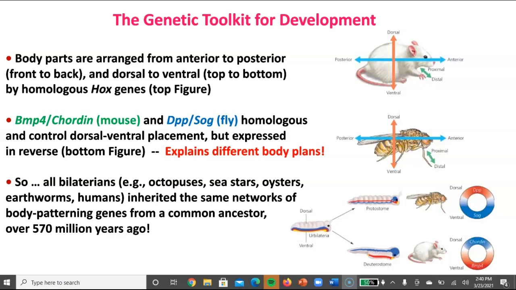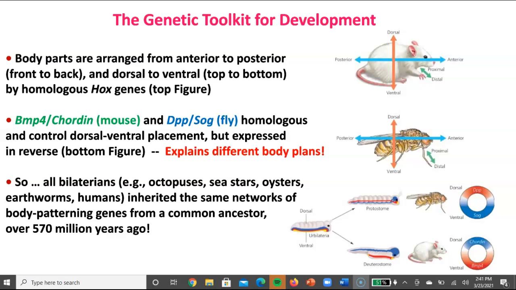And our body parts are also arranged from dorsal to ventral, top to bottom. And these body parts are arranged from anterior to posterior or dorsal to ventral by homologous Hox genes, determining the placement of these body parts.